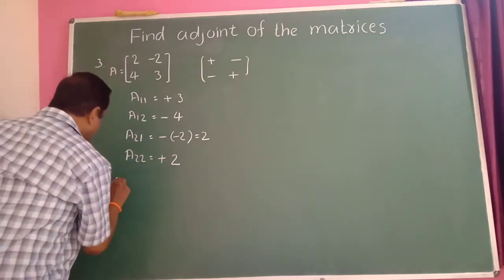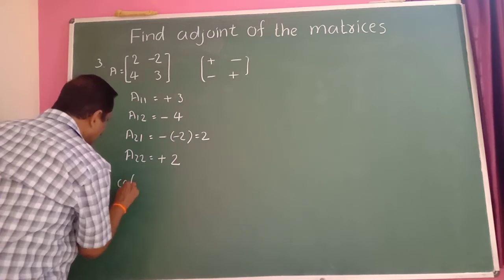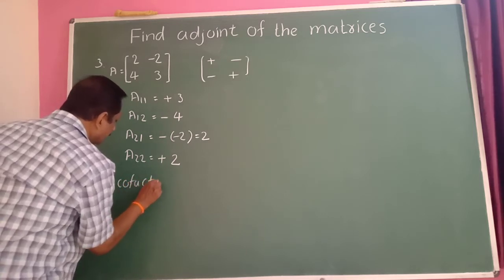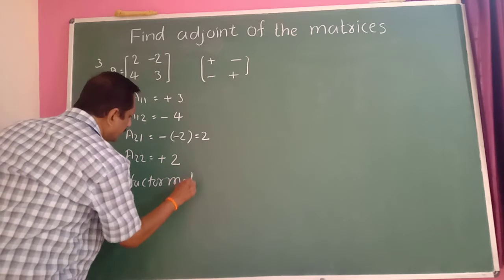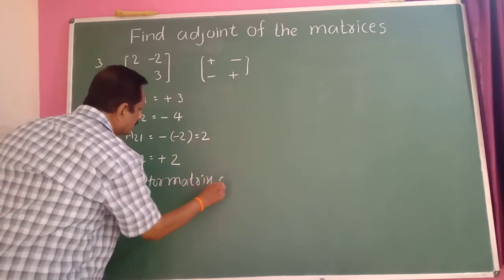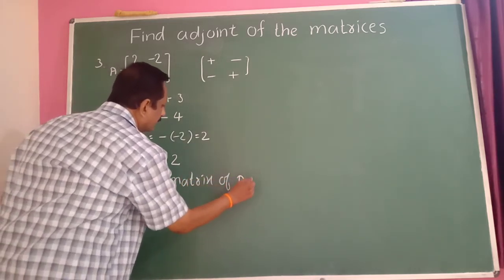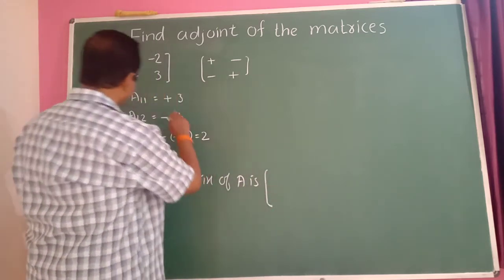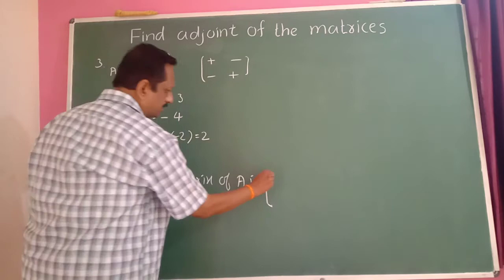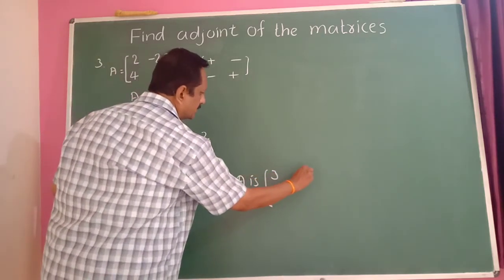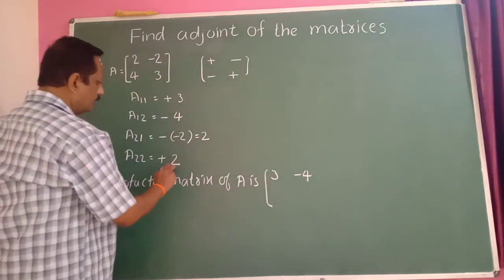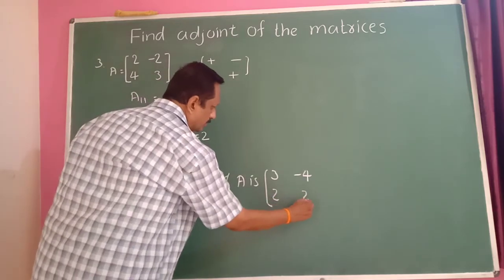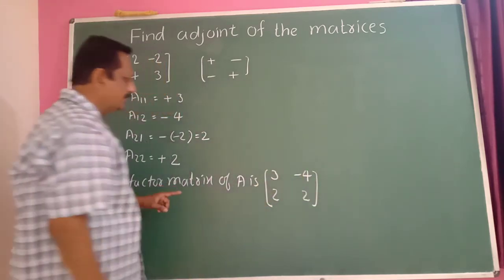So the cofactor matrix of A is 3, minus 4, then 2, 2. Okay, that is the cofactor matrix.